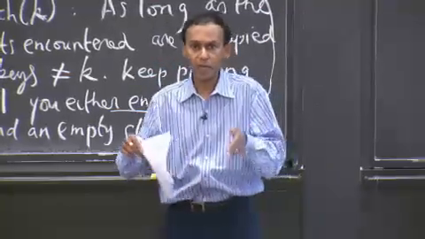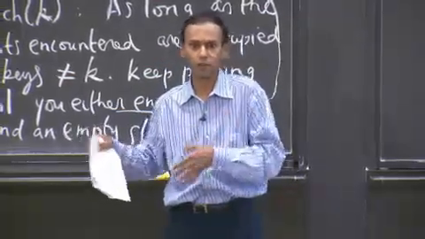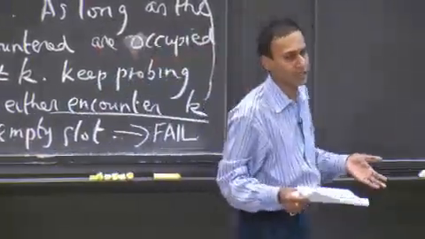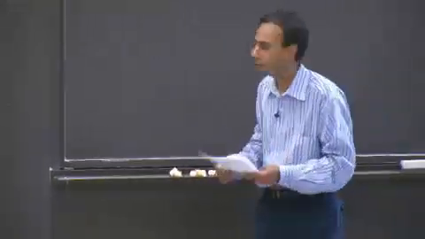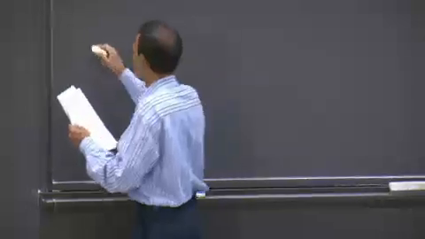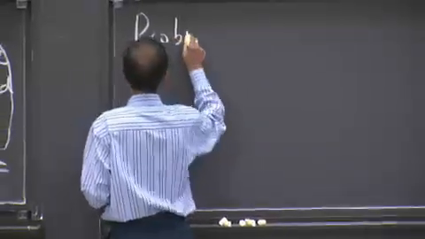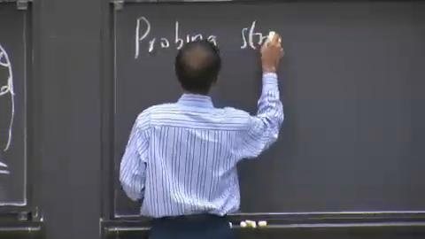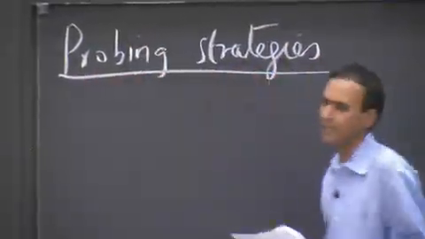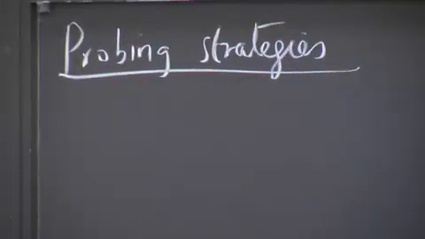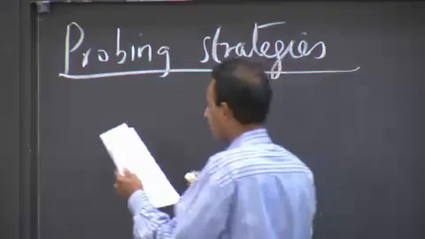And you'd like to have this nice property of corresponding to a permutation. Can we actually design hash functions like this? We'll take a look at a bad hash function and then a better one. So let's talk about probing strategies, which is essentially the same as taking a hash function and changing it so it is applicable to open addressing.